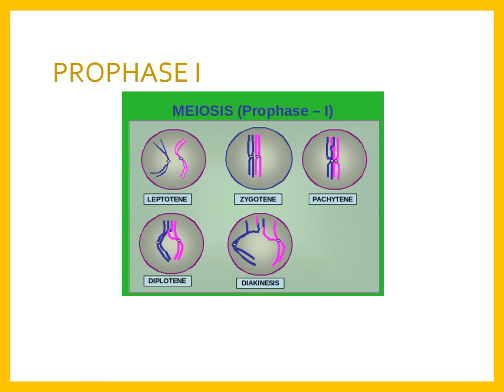I repeat, leptotene, zygotene, pachytene, diplotene and diakinesis. Because of these 5 substages it gets the name heterotypic division. So prophase 1 with the 5 subdivisions, then metaphase 1, anaphase 1 and telophase 1. In the same way meiosis 2 has prophase 2, metaphase 2, anaphase 2 and telophase 2.